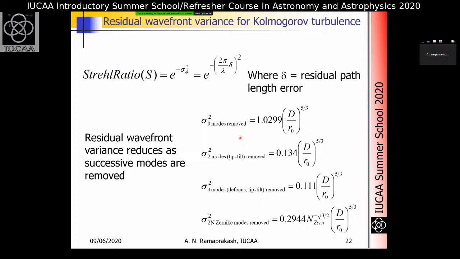And similarly, as you remove more and more modes, and finally if you remove the 2n lowest order modes by your adaptive optics system, you get a residual error corresponding to this, and that residual error, when plugged in here, will tell you what Strehl ratio you can eventually get. And that's a quantification of how good your adaptive optics system is.